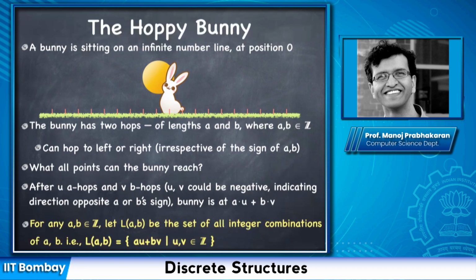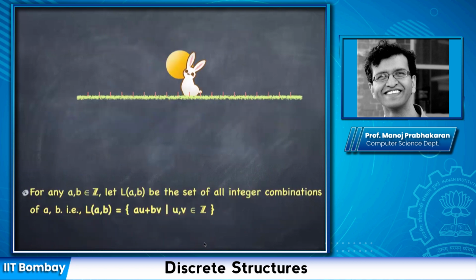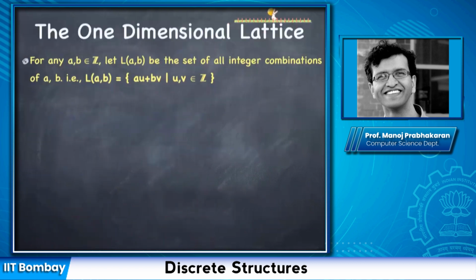And what we are interested in is the set of points that can be written in this form. That is the answer to this question. So let's define that set. I'm defining it as L of a, b. It's the set of all integers you can write as a times U plus b times V, where U and V themselves are integers. Let's look a little closer at this set.